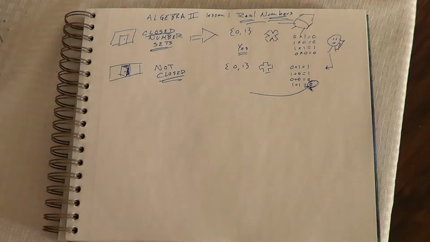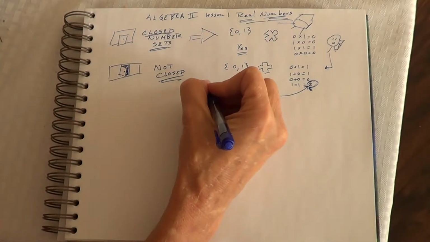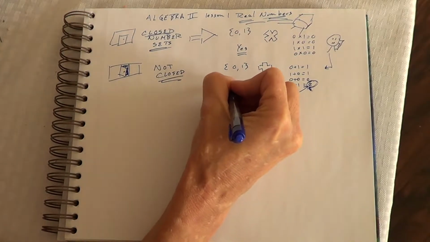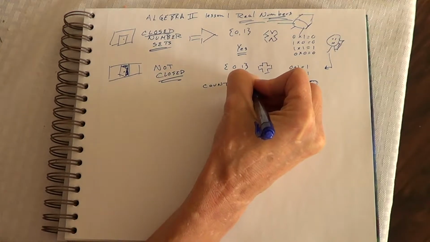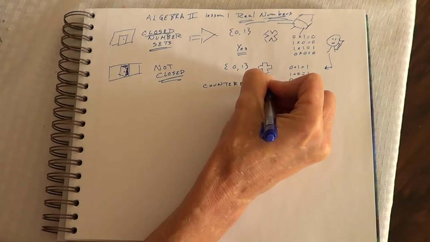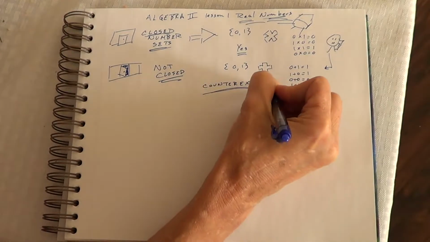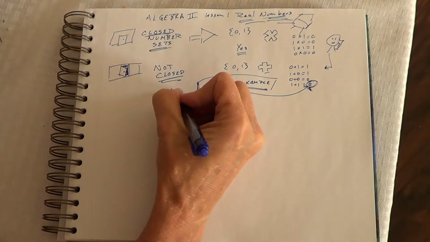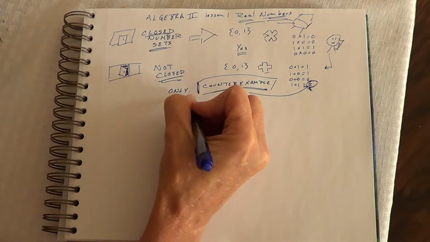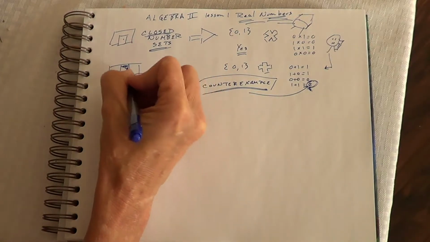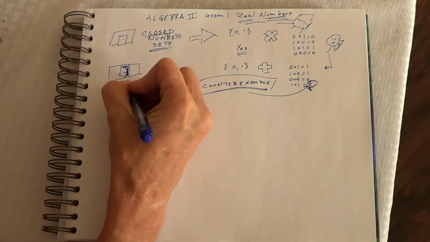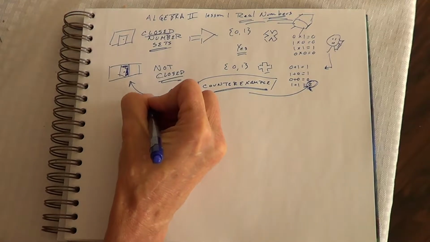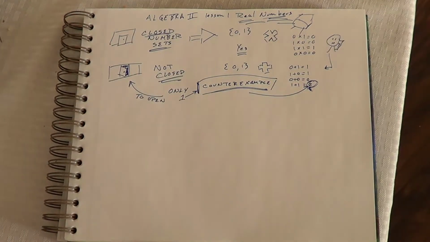That one problem that shows us that it's not closed is called a counterexample. Counterexamples, you only need one to open the door, to just show that it's not a closed set. You only need one there.